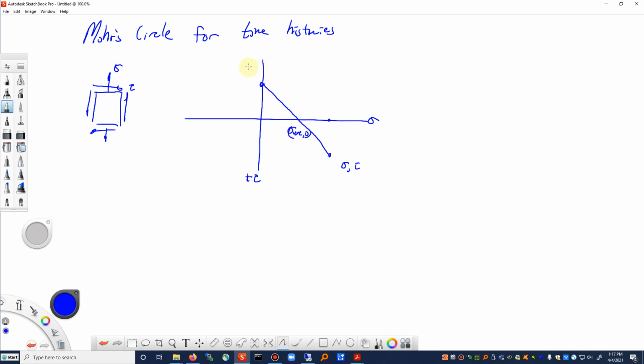And then this point over here would be 0, minus tau. And then we would have a circle. Let me see if I can use this tool to draw a circle. Got pretty close to getting my diameter right.